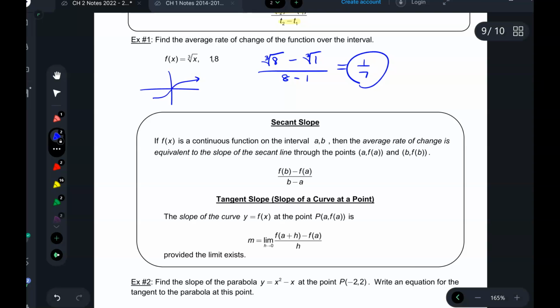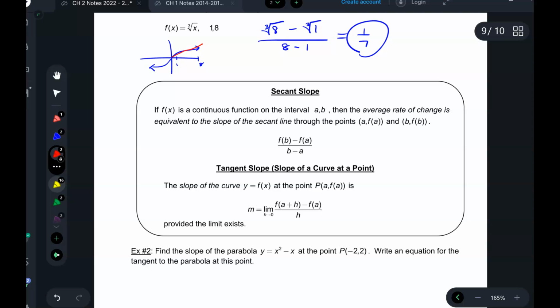Looks like that. So from 1 to 8, that slope, that average rate is 1/7. Sometimes it's going to have a steeper slope, and sometimes it's going to be less than 1/7.